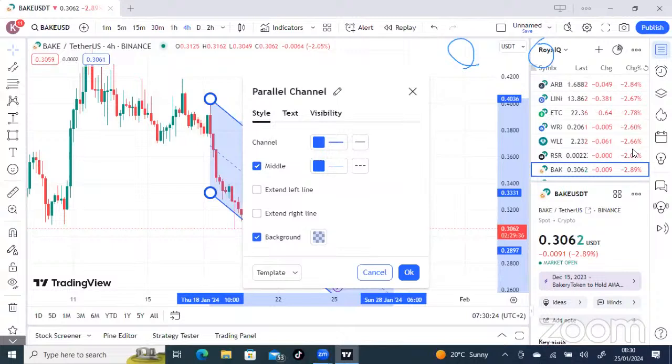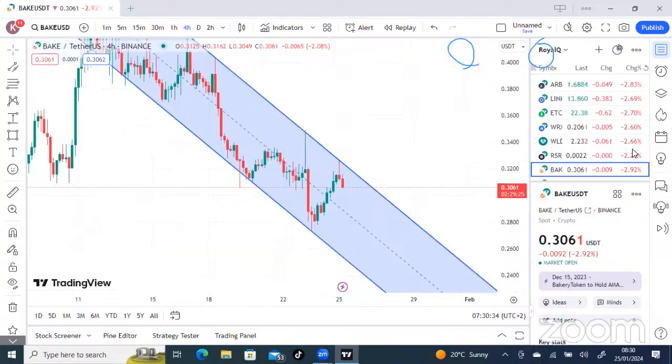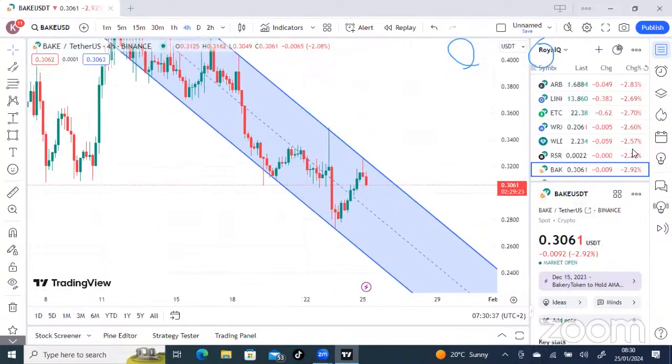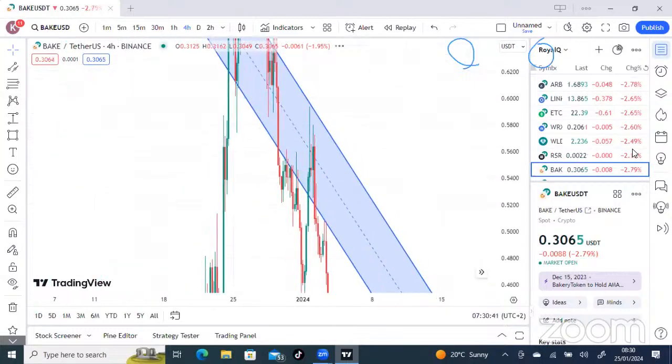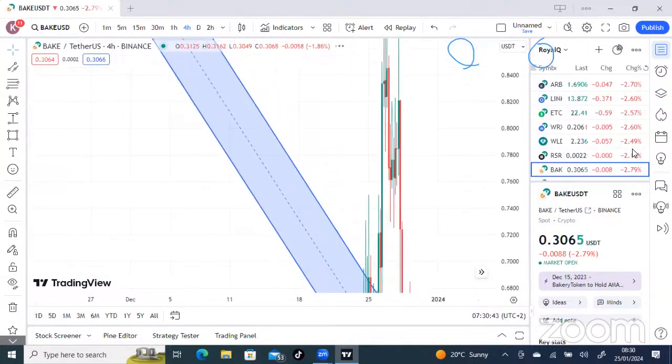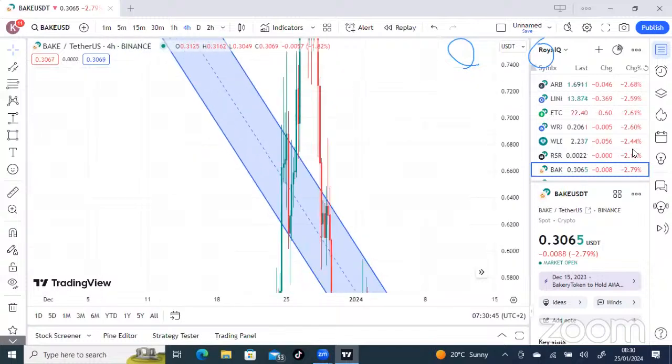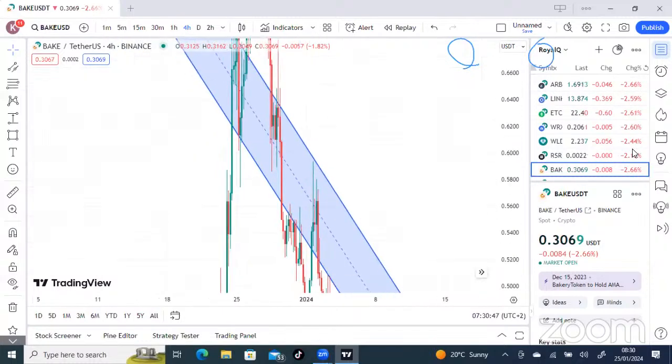Then decide. Maybe you want to extend the line to the left. It will continue. Maybe you want to extend the line to the right. It will continue. You see, it is even about to go out of my screen. It goes. It is there up to when I don't know. So those are settings.